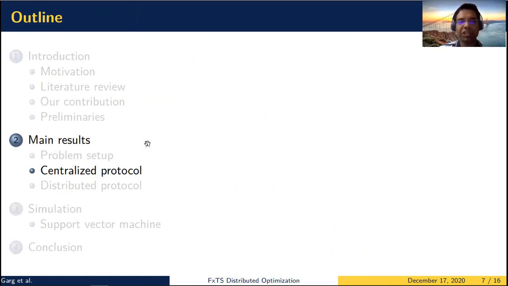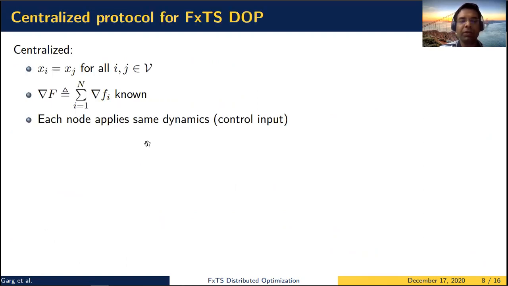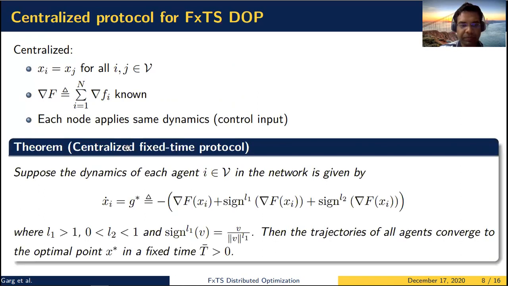So first we present a centralized protocol. In the centralized protocol, what it basically means is that all the agents are already at consensus, or that their values are the same, that the summation of the gradient of the function is known, and each node applies the same dynamics.